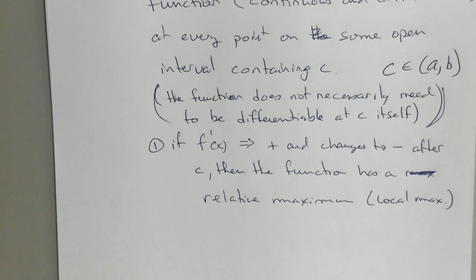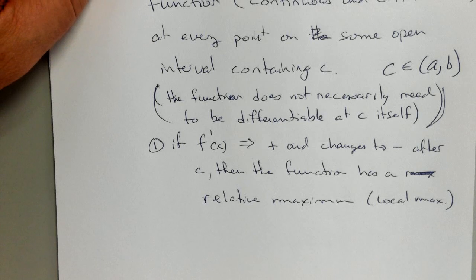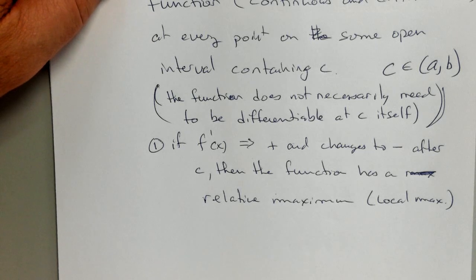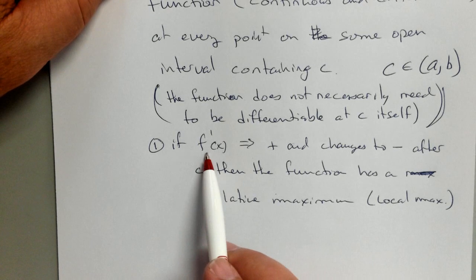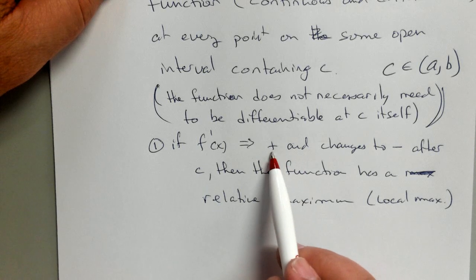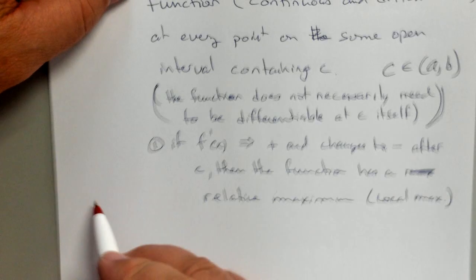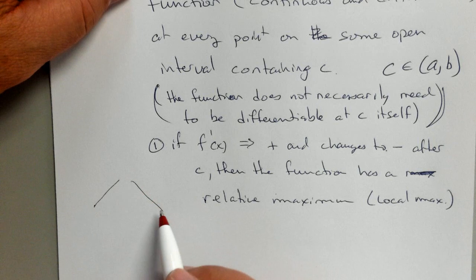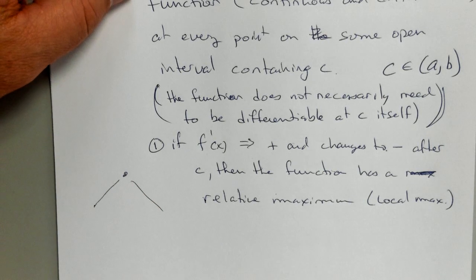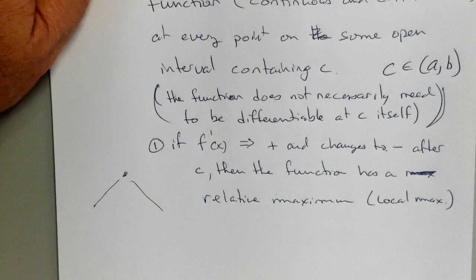Why is it called local? Because it's relative to that small subinterval where C belongs. So if f prime of x goes from positive to negative, then we have a local maximum.